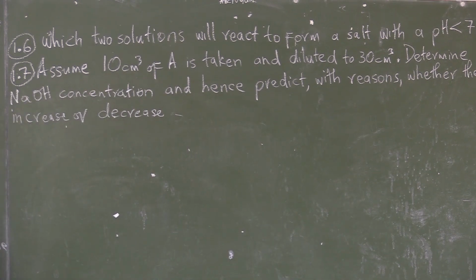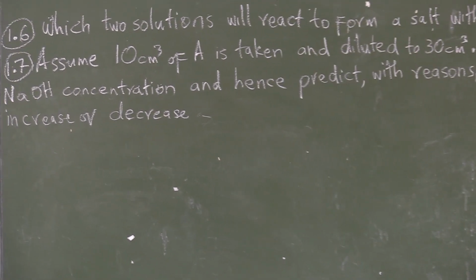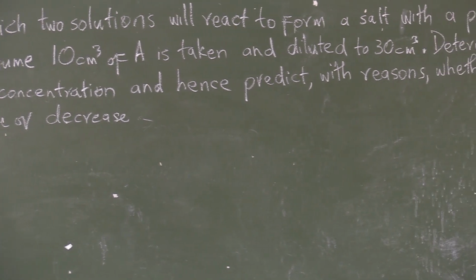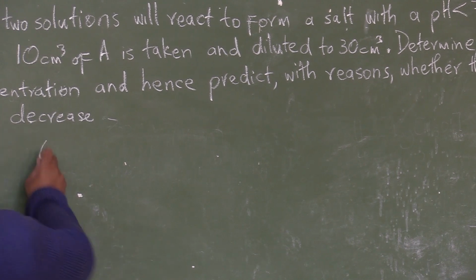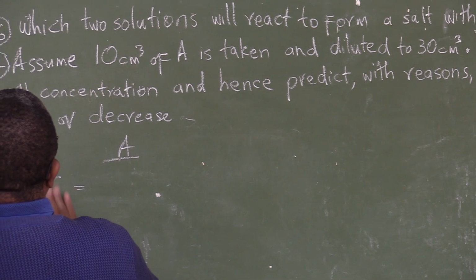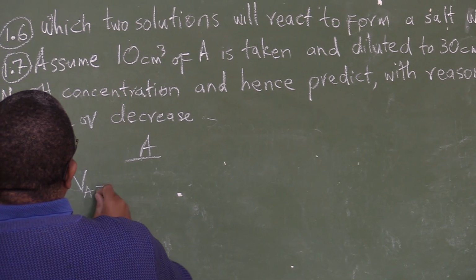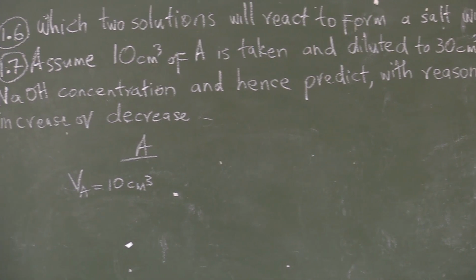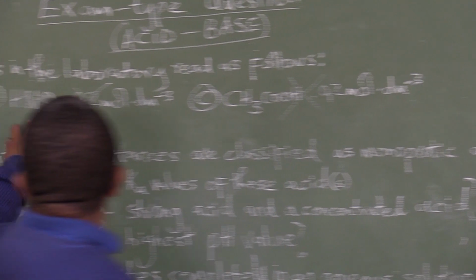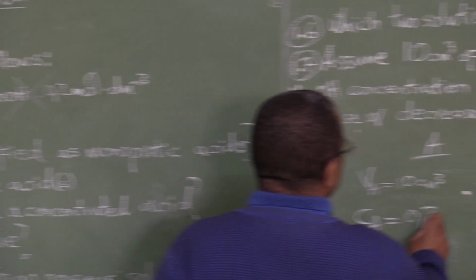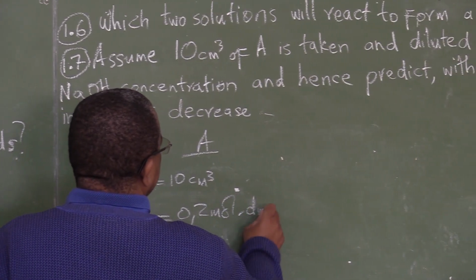Let's go to 1.7. Now they say, assume 10 cubic centimeter of A. The volume of A is 10 cubic centimeter, and we know the concentration of A is 0,2 mole per decimeter cubed.